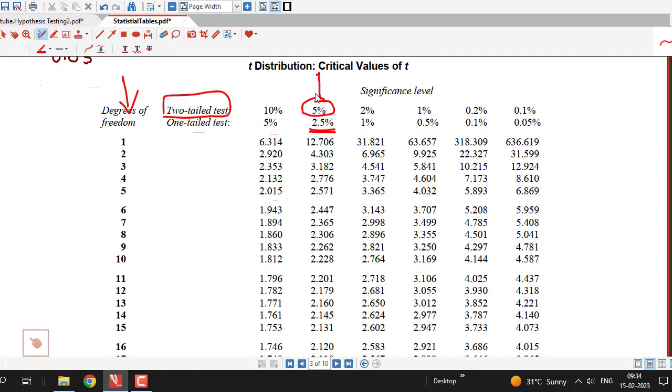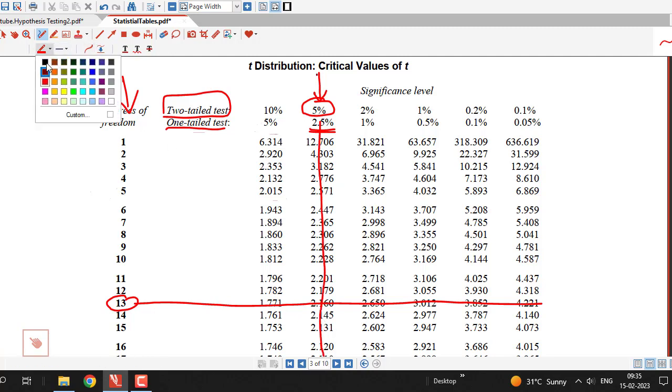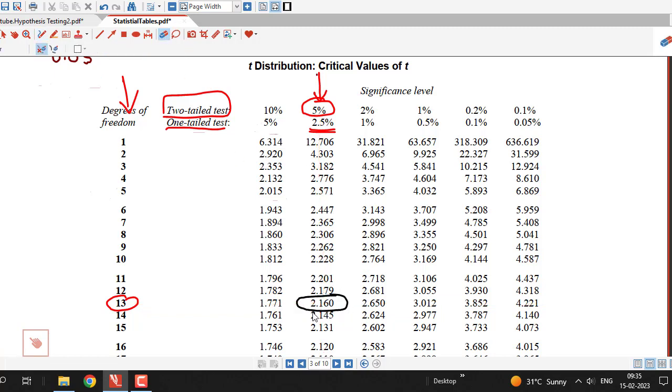So this corresponds to 5% level of significance for two tail test and 2.5% level of significance for one tail test. Degrees of freedom are 13, so I have to look in this row, and here I have to look below this column, and I have to take the intersecting point of this row and this column, and you can see our value is 2.160.